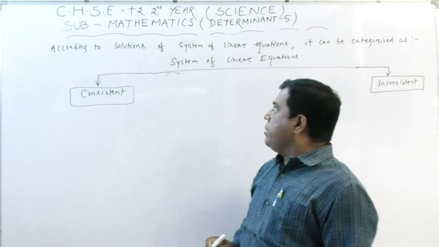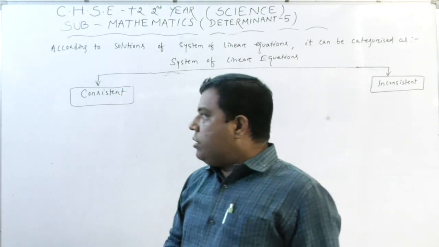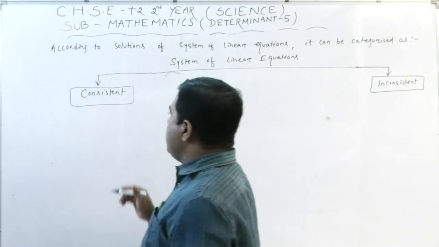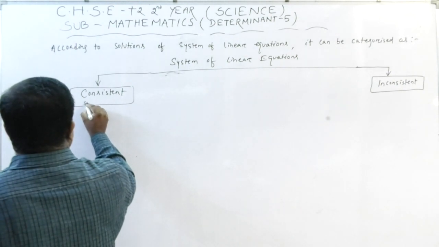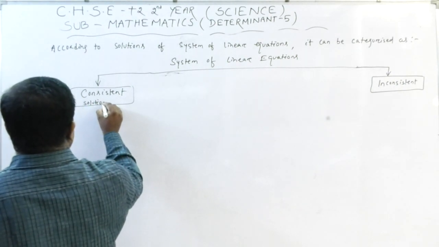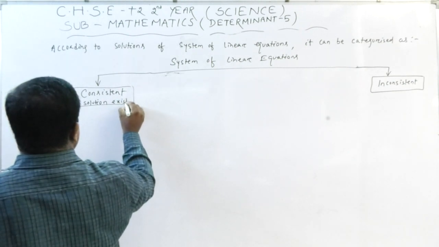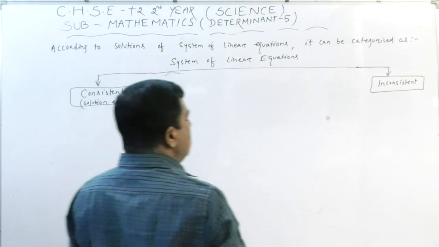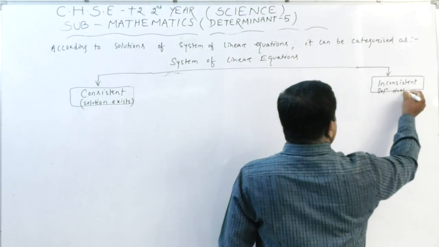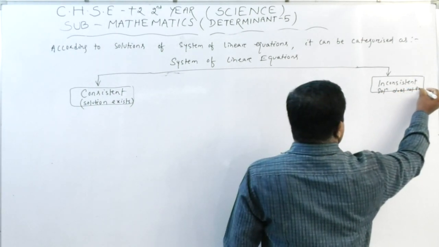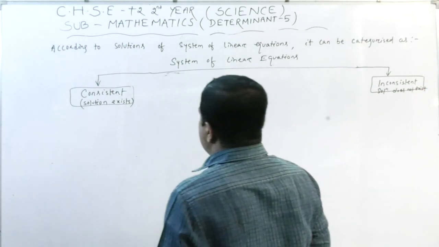So according to getting the solutions, consistent means what? Consistent means we are getting a solution: solution exists. That means consistent. Solution does not exist. That means inconsistent.